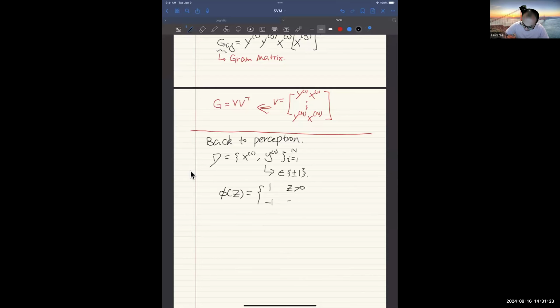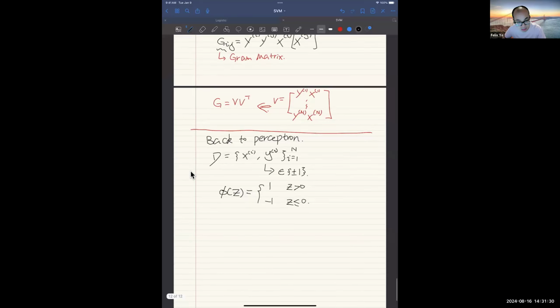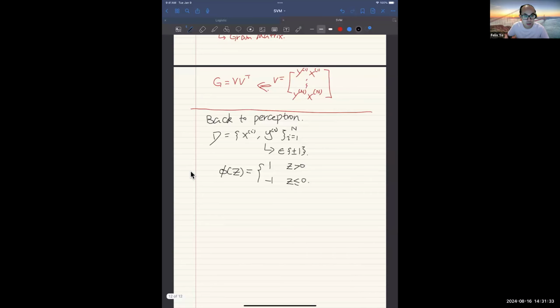If z is less than or equal to 0, then it will be -1. In some sense, what we are trying to do is minimize the misclassification: the summation from i equals 1 to n of the indicator function of y_i times (x_i w plus w0) being less than 0.